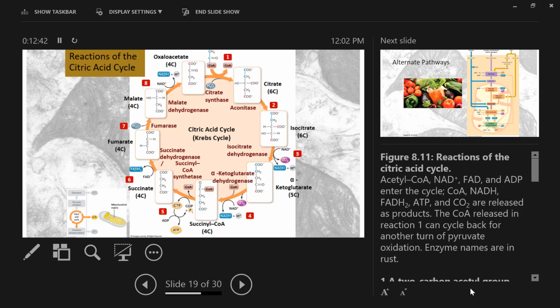And those are dehydrogenase enzymes. So those are catalyzing the oxidation reduction. Every time you see a dehydrogenase, you should see either NADH or FADH2 being produced. But, again, you don't need to know all of these reactions individually. You do need to know the big picture of what happens during the Krebs cycle.